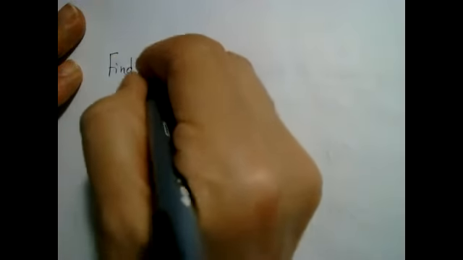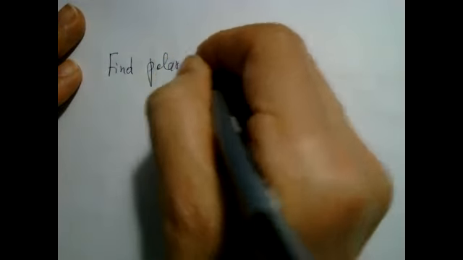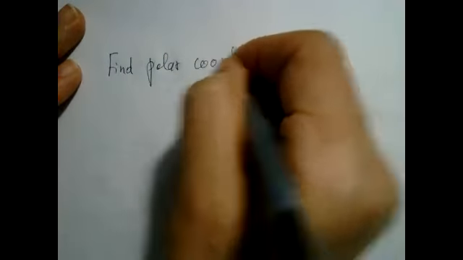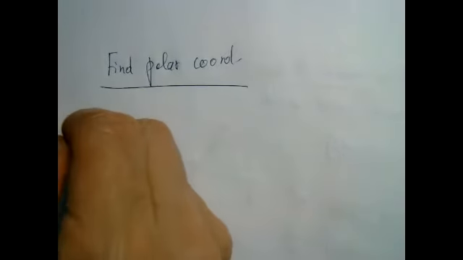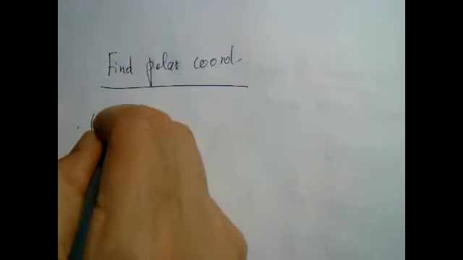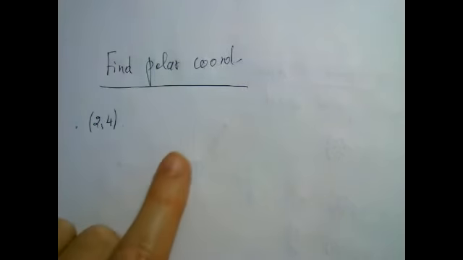Find the polar coordinates of the following point: 2, 4. Those are Cartesian.